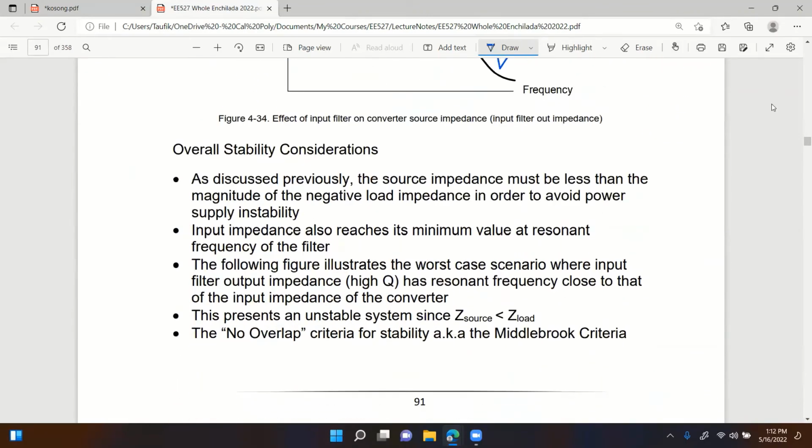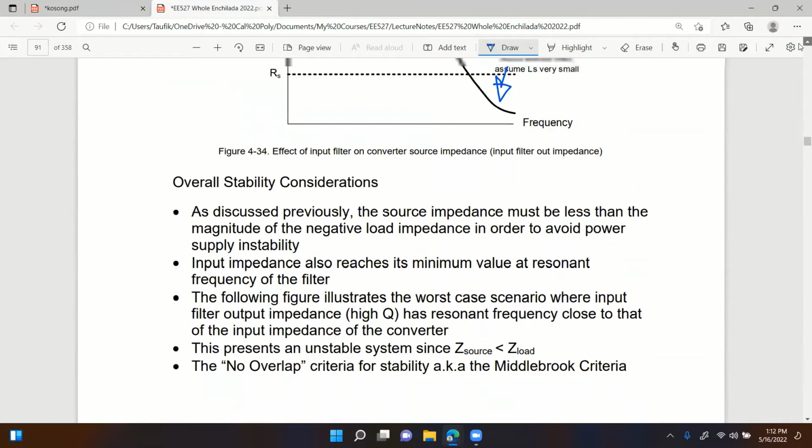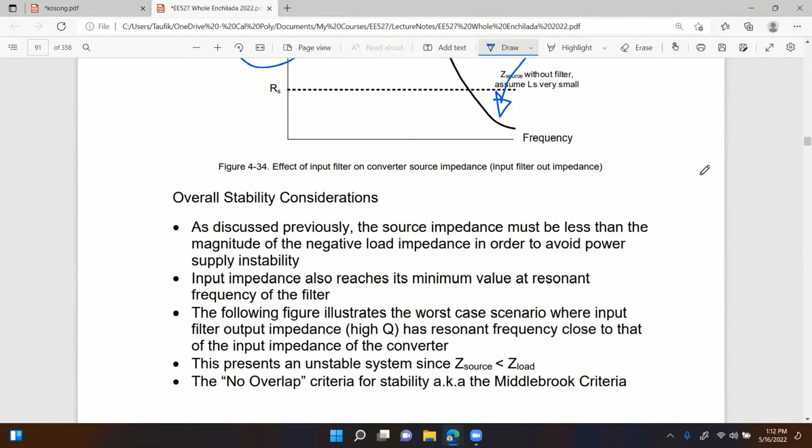All right, so then how do you define the stability here? Now that you know the interaction between the output impedance of the input filter and the input impedance of the power supply, let me write it down so you won't forget, because it gets confusing.